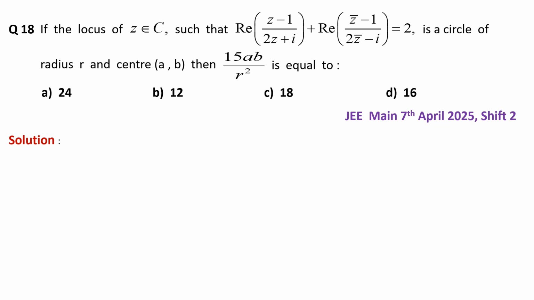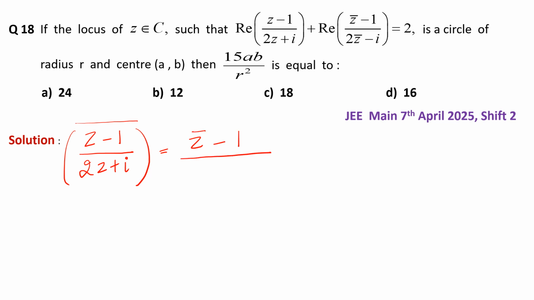Now students, if I consider the complex number (z minus 1) divided upon (2z plus iota) and find its conjugate, then by using the properties of conjugate of complex number, I can write this as (z bar minus 1 bar, and 1 bar is nothing but 1) divided upon 2 bar into z bar, so it becomes 2 into (z bar plus iota bar).